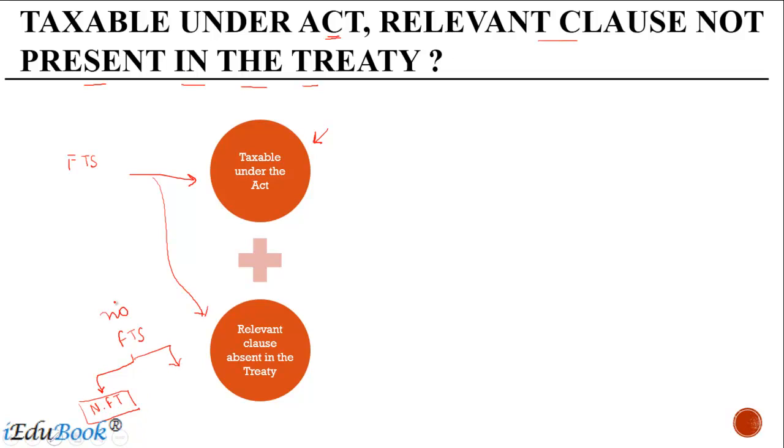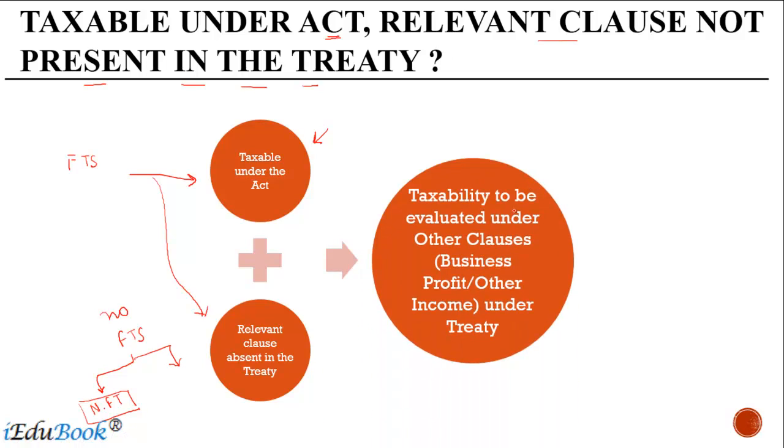Or a second view, which is that you should see whether this income should be taxable under other clauses, such as business profit, other income, etc. Again, like I said, there are two views, but the better view seems to be that if the relevant clause is absent in the treaty, one should see whether the income which we are discussing can fall under business income, or if not business income, whether it could be other income for the recipient and therefore eligible for a preferential treatment.